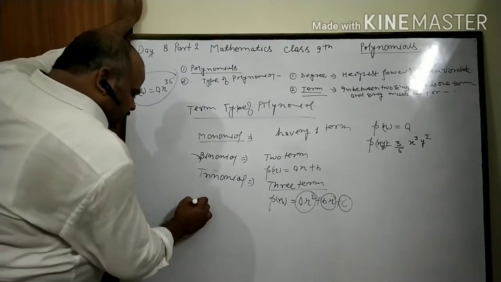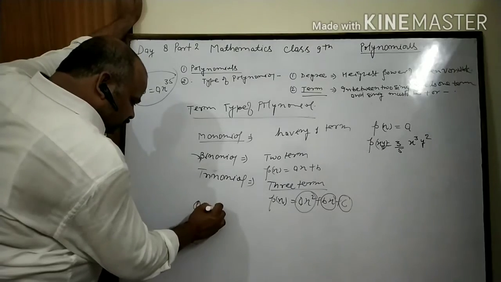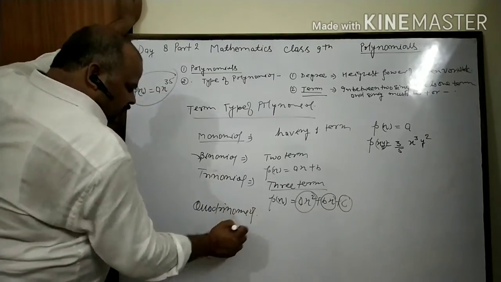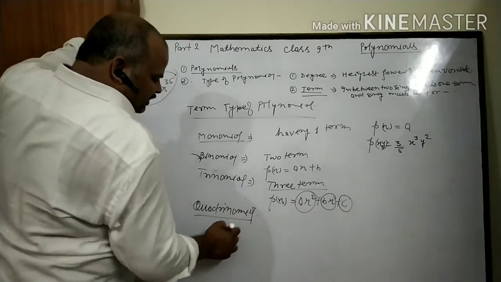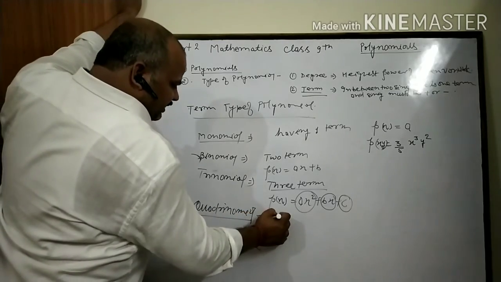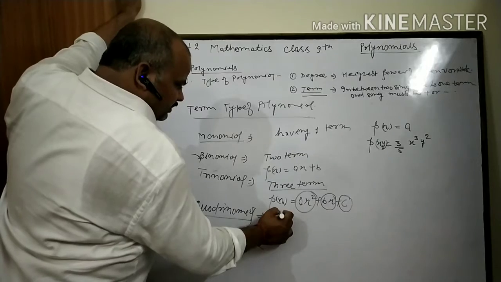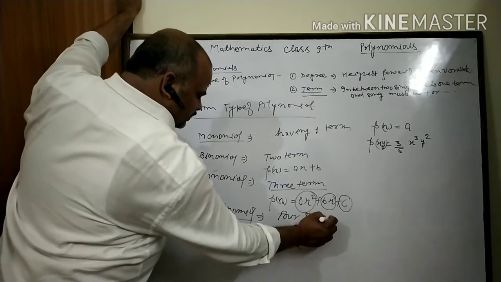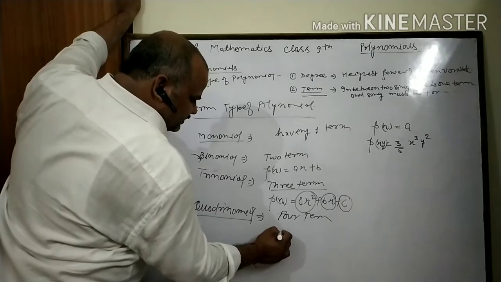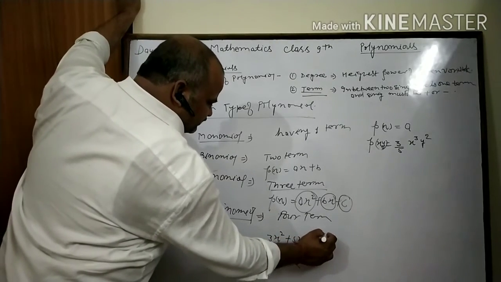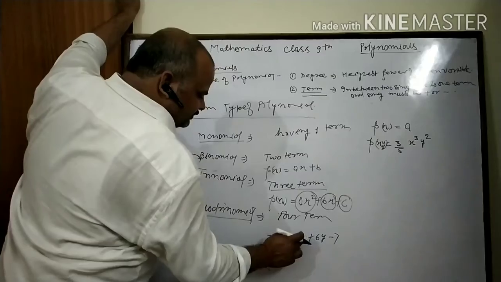In the same way, quadrinomial. Quadrinomial means the polynomial having four terms, like 3x square plus 5x plus 6y minus 7.